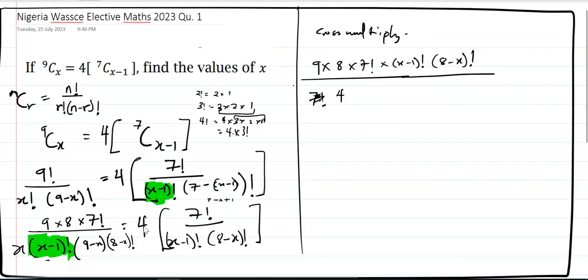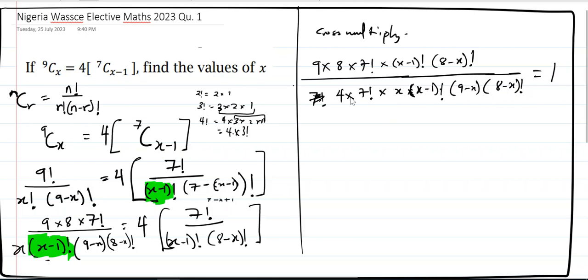The 4 over here is multiplying, so it comes down to divide. 4 times 7 factorial, right? Times the existing ones. What are the existing ones? x times, so let me use brackets, x minus 1 factorial, then 9 minus x times 8 minus x factorial equal to 1, because if you cross multiply, nothing will be on the other side, but there will be 1, right?